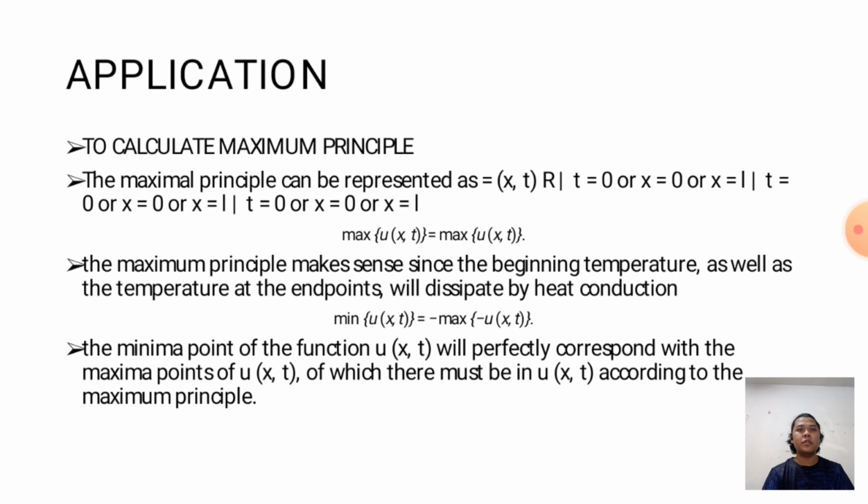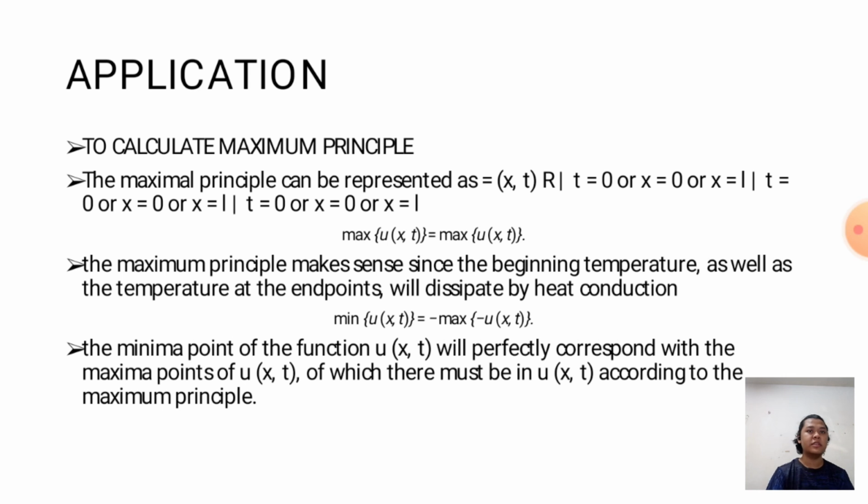When you consider heat conduction in a thin rod, the maximum principle makes sense, since the beginning temperature as well as the temperature at the end points will dissipate by heat conduction, and the temperature will never climb over the highest starting or end point temperature.